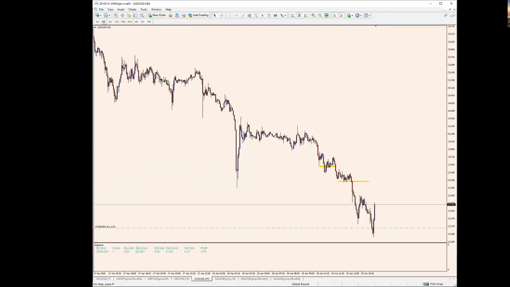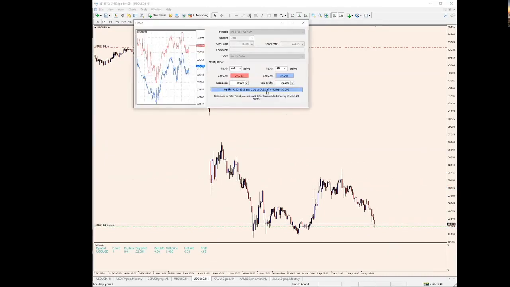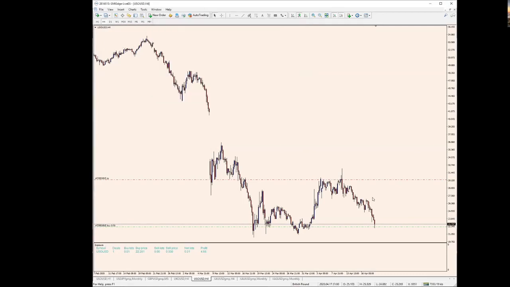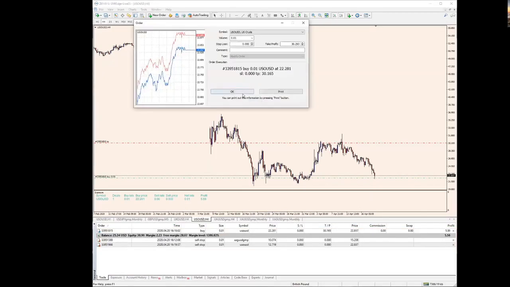So amazing, right? So now I've bought at $22.28, 0.01. And if it goes up at least to $30, which is $8, which is very, very possible, guys, that's literally 300% of my capital. Look at my capital. How much is my capital? $25. If the price reaches here, it's almost $75. That's 300% gain.